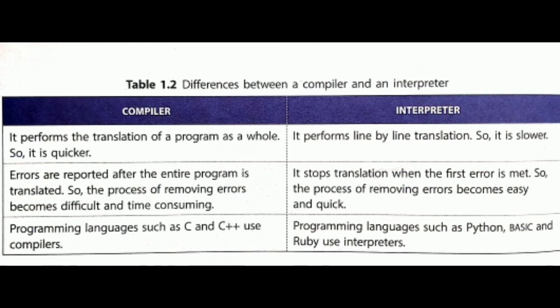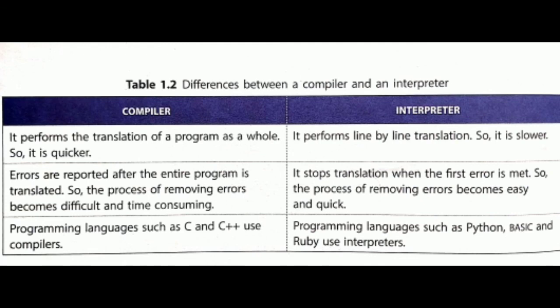Okay. And the second difference is, in compilers, the errors are reported after the entire program is translated. So the process of removing errors becomes difficult and time consuming. In an interpreter, it stops translation when the first error is met. So the process of removing errors becomes easy and quick.